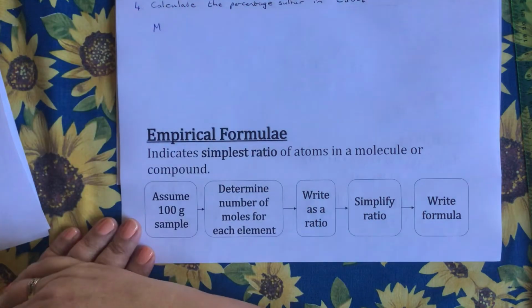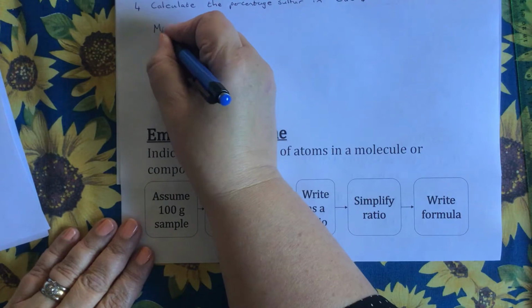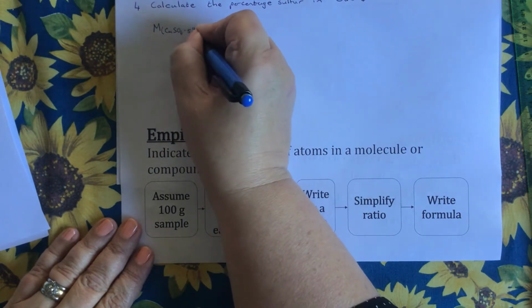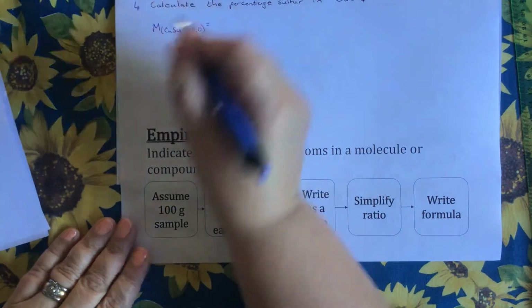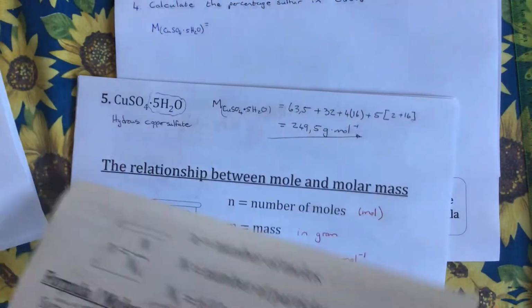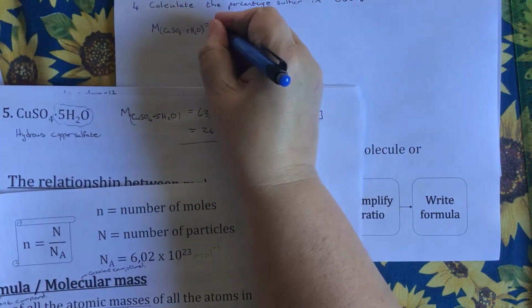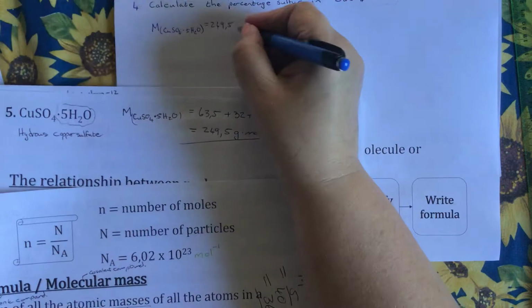Get the molar mass of the whole compound. So it is the whole CuSO4 with the water of crystallization, and we have that it is, right now we can just go back and go find, where was that? Oh, there we have it, done before, 249,5 gram per mole.